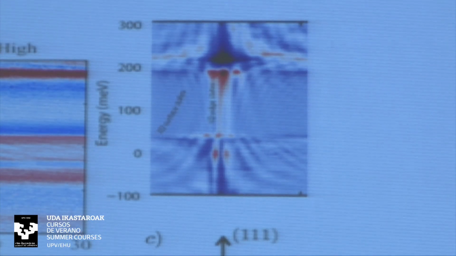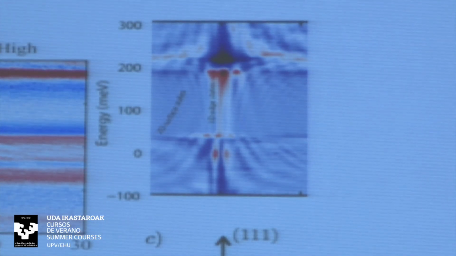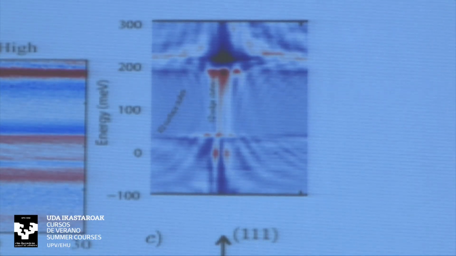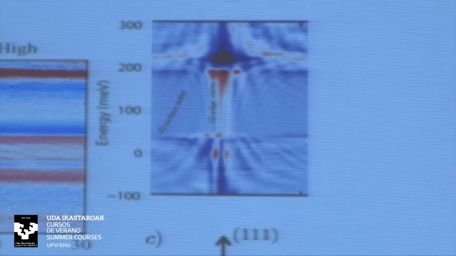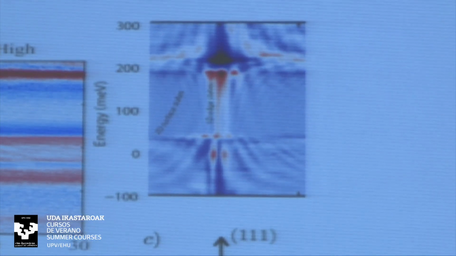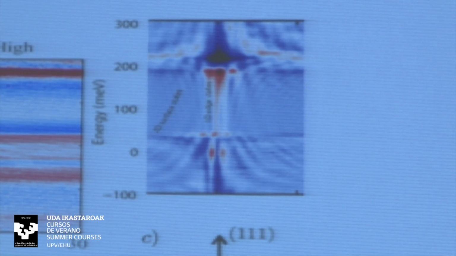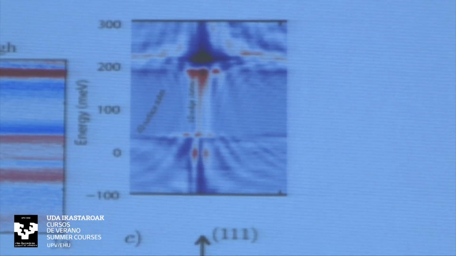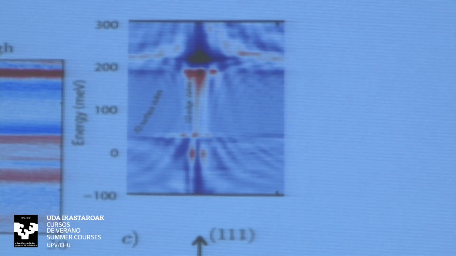This is how it shows up also in our experiment, and there are other reports that see exactly the same thing. This is a very reproducible observation, and the fact that it doesn't disperse really distinguishes it from all these standing wave patterns that we see also away from the step edge.